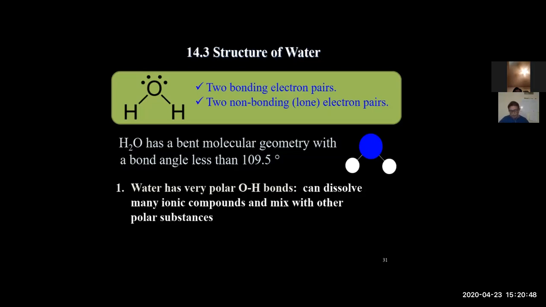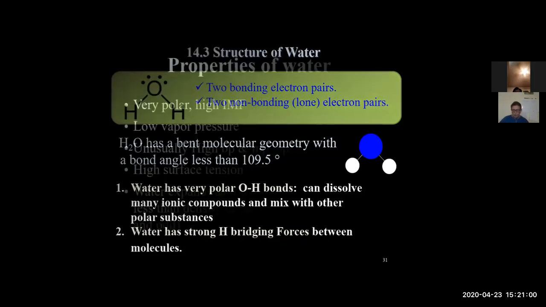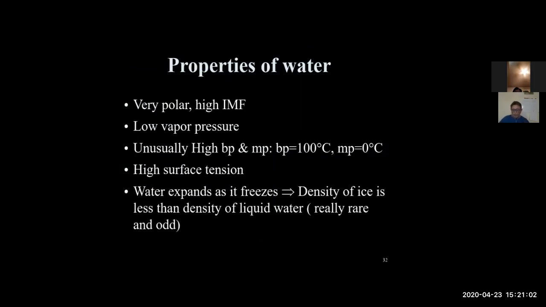Okay, it will dissolve many ionic compounds and actually mix with other polar substances. Okay, it has very strong hydrogen bridging forces between molecules, very strong, very polar, very high IMF, low vapor pressure. Okay, boils at 100 degrees, melting point 0 degrees, high surface tension.